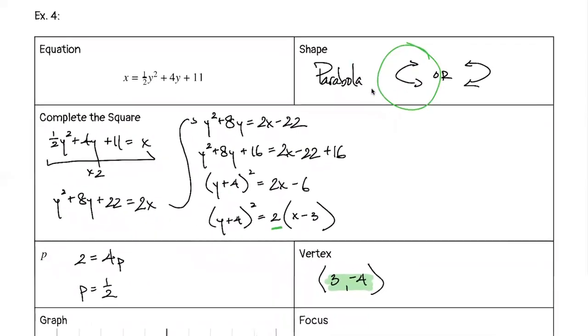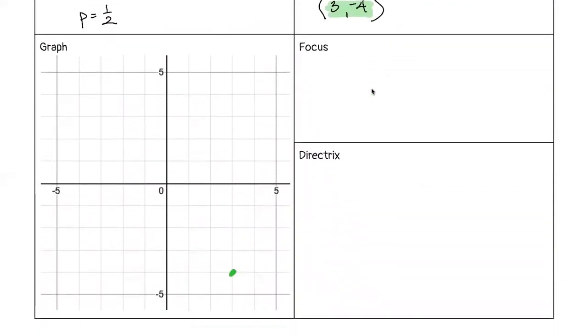That means that my focus is going to be 1/2 unit to the right, and my directrix is going to be 1/2 unit to the left. And my parabola then will be y squared, which faces to the right, and there's my focus, and there's my directrix. Okay. So what does that look like in terms of coordinates?